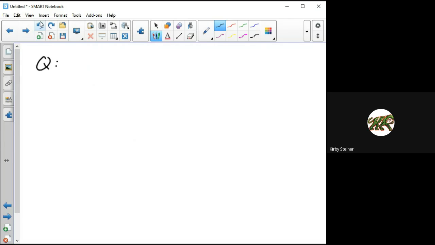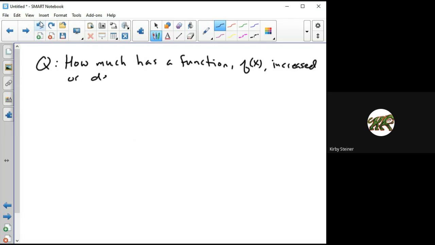So our question again is, how much has a function f of x increased or decreased over a given interval?